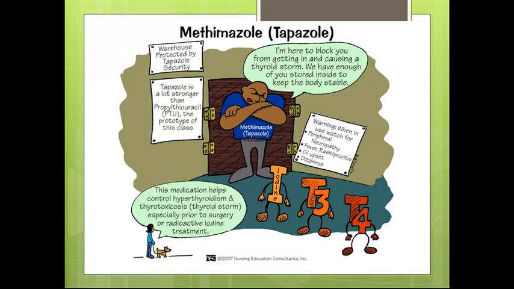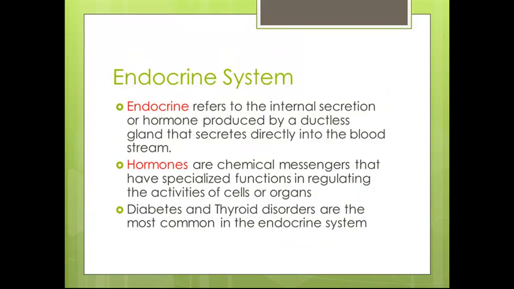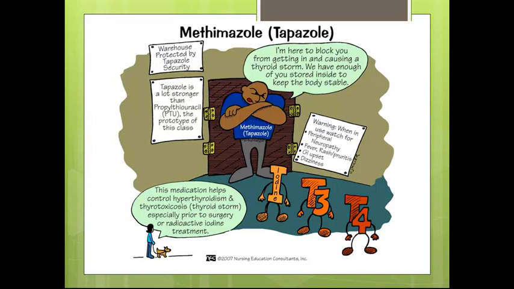You'll see fever or an increased body temperature, increase in blood pressure, severe hypertension, tachycardia, heart failure, and shock further down the road. So this drug helps prevent that until we can give some iodine or radioactive iodine treatments.